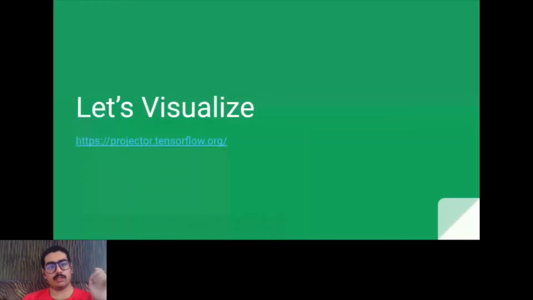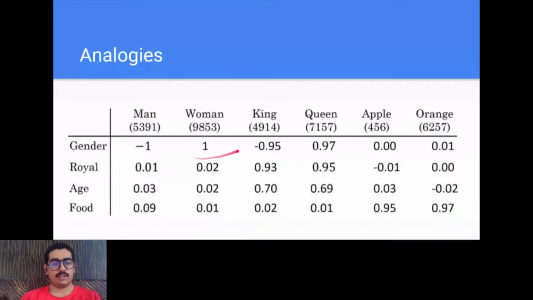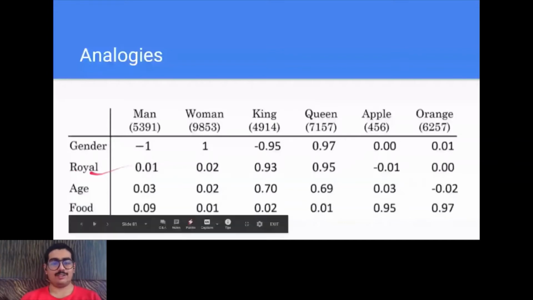These are the similar analogies which we can make. So man's gender is, suppose, -1, and woman is totally opposite, which is understood. Also king is -0.95 and queen 0.97. Also royalty of man is 0.01, woman 0.02. I don't know why woman's royalty is more, but let's assume it is.